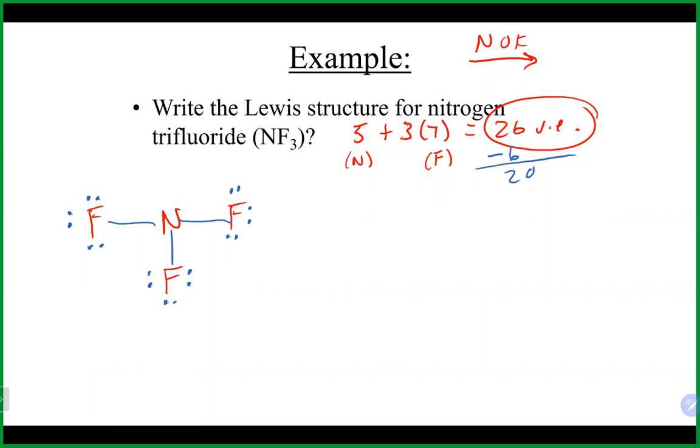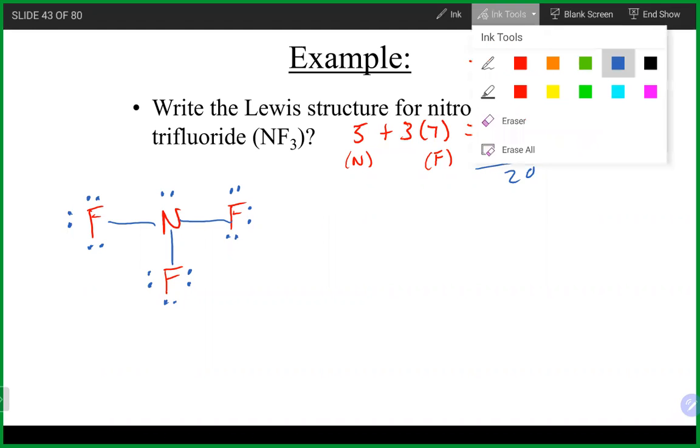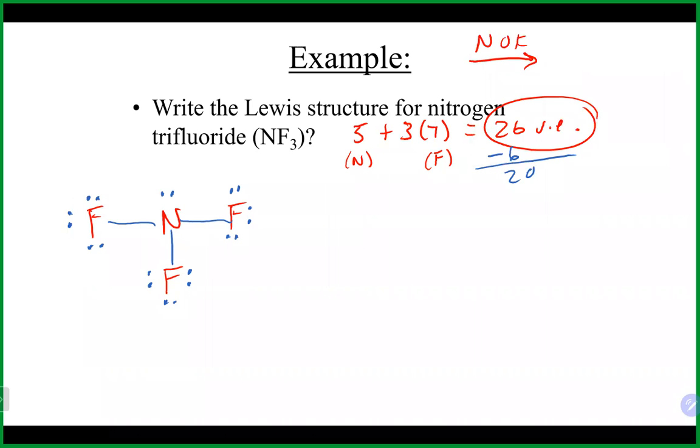Since everything on the outside is filled, the only other place to put them is the center atom, and it also goes as a pair of electrons like so. And now I have placed 26 electrons on my picture. The last thing I want to do is double check everybody's good in terms of electrons. The fluorine on the right has 2, 4, 6, and 8 electrons.